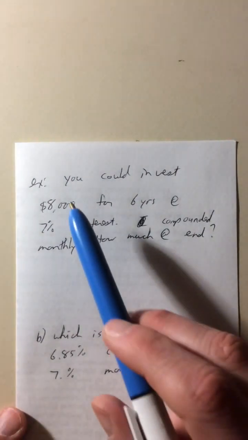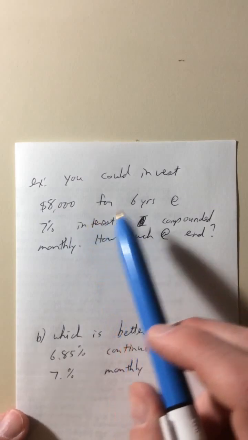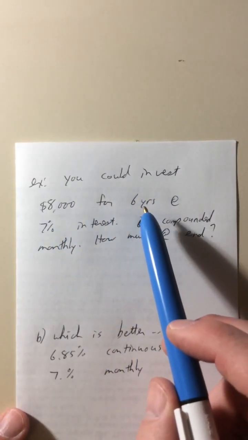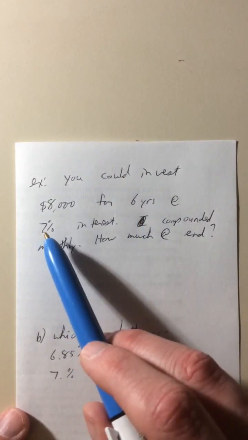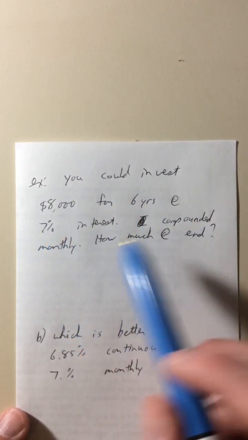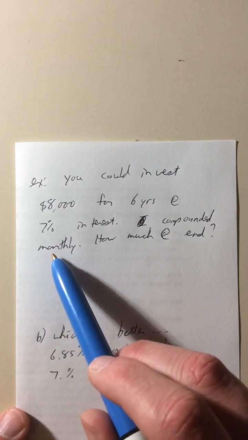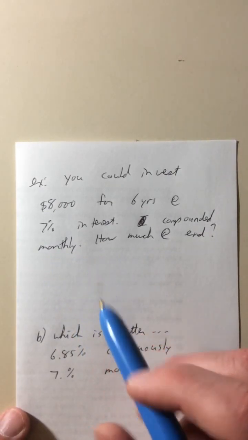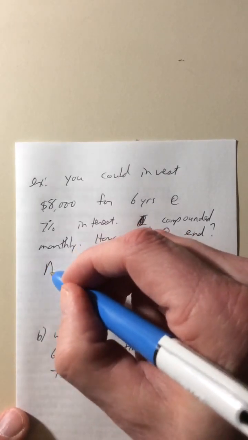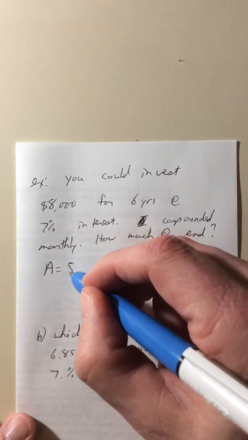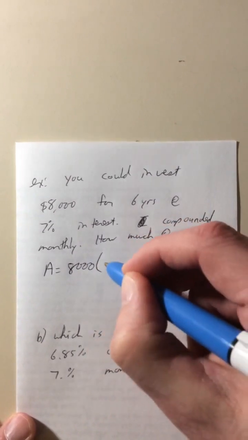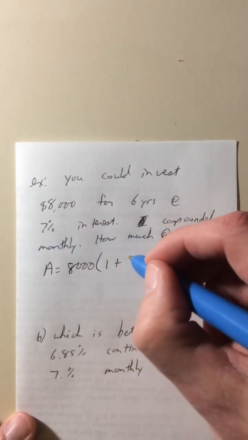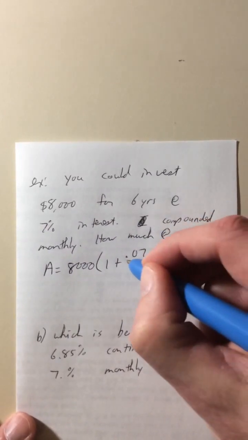Okay, so now let's take a look at something similar. You could invest $8,000 for 6 years, just like the previous problem, at 7%, different interest rate, compounded monthly, not continuously. How much do you have at the end? So we're actually just going to do a comparison here. So we're going to plug all those numbers into the formula. So we got $8,000 times 1 plus R over N. R is 0.07, move it over twice.